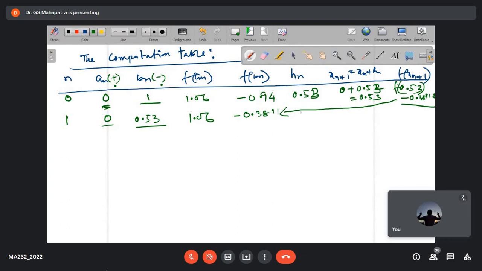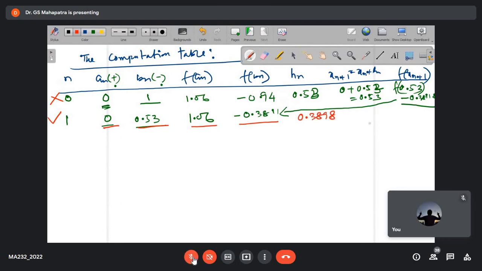Fine. Now Hn, this one you have to find. What is the value of Hn? The same formula. Now these are the new entries, you forgot about the old ones. This one, this one, this one, and this one. So what will be the Hn? 0.03898.